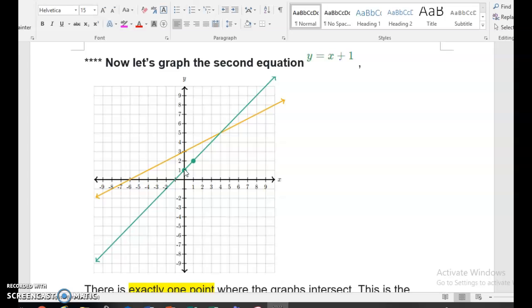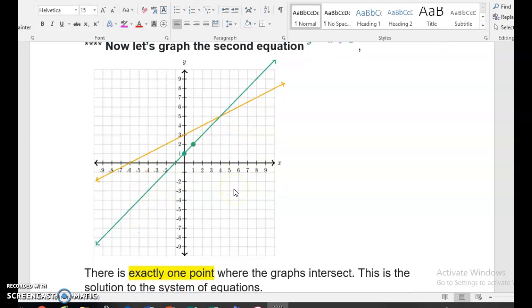From here, we are going to find our slope. Our slope, x. I didn't see the slope. There's no number. What's going on? Guys, do you still remember? It actually is 1. If there's no number, it's 1. Invisible 1, which means 1/1. So you will go up 1 over 1.